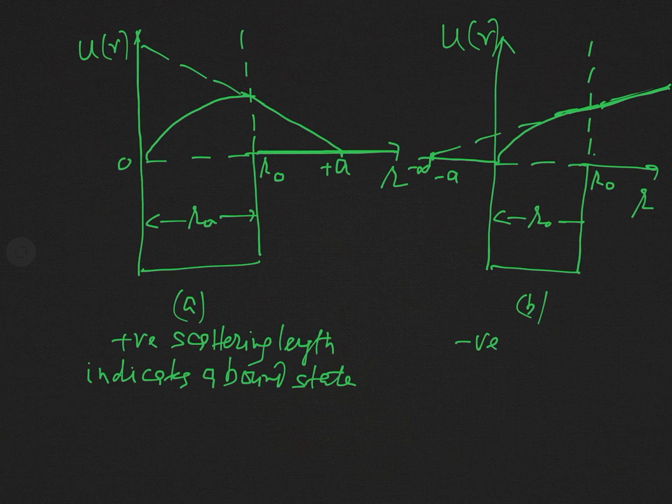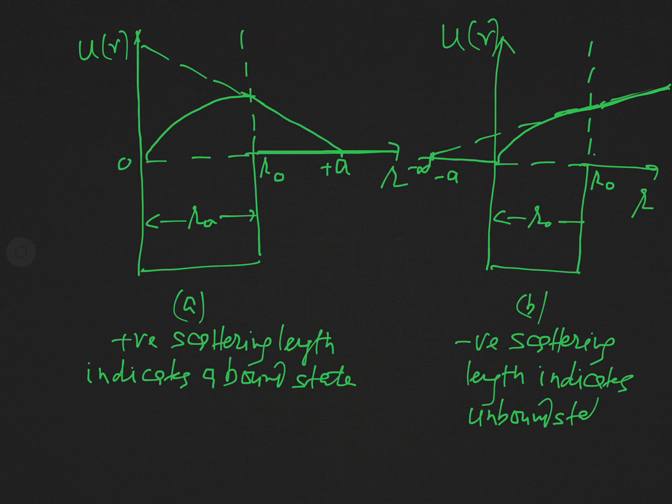And the negative scattering length actually indicates an unbound state, or not a bound state, you can say. So negative scattering length indicates an unbound state.